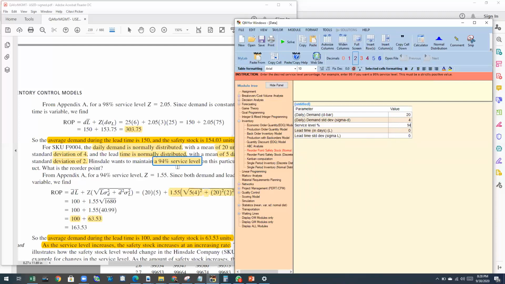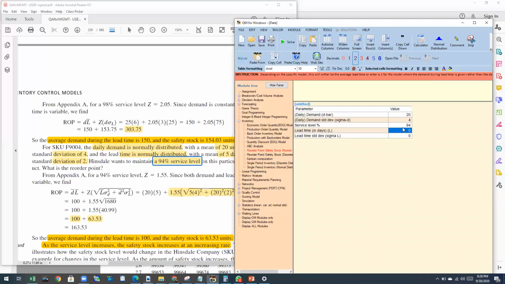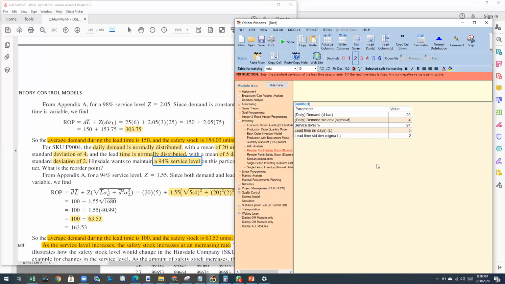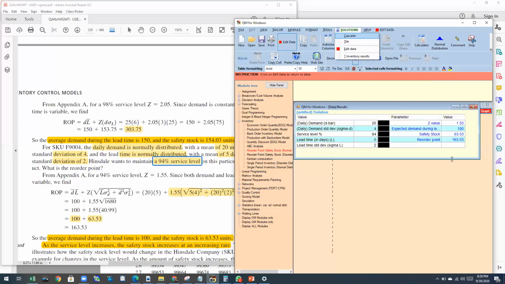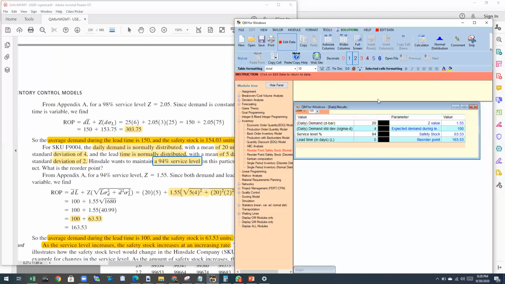The lead time in days also varies with the normal distribution with a mean of 5 days. So average lead time is 5 days, and the standard deviation for the lead time is 2 days. Okay, and then we click solve, and we get a Z value of 1.55.